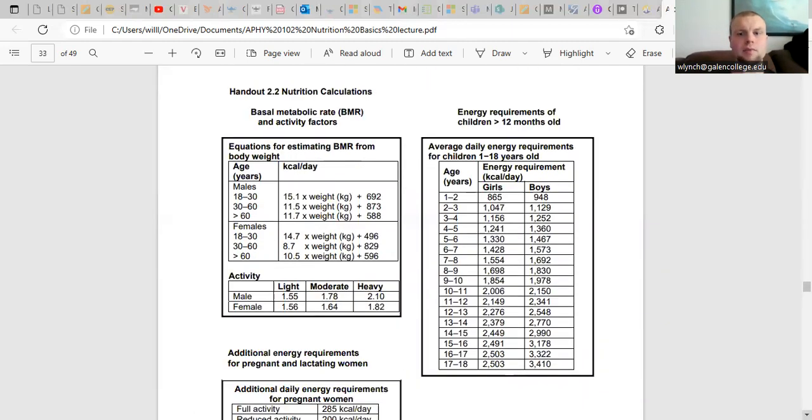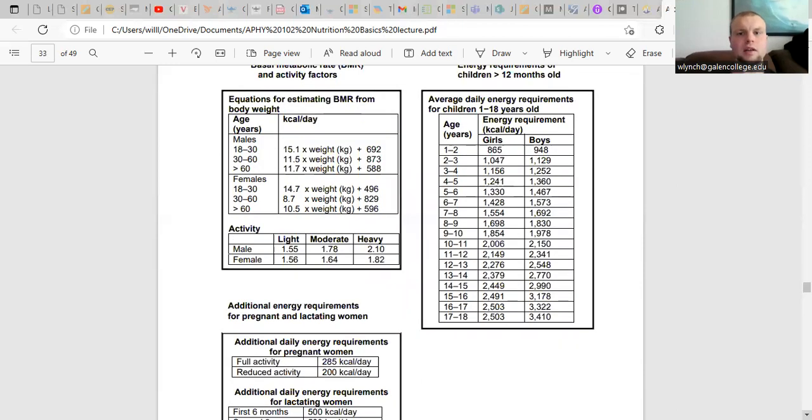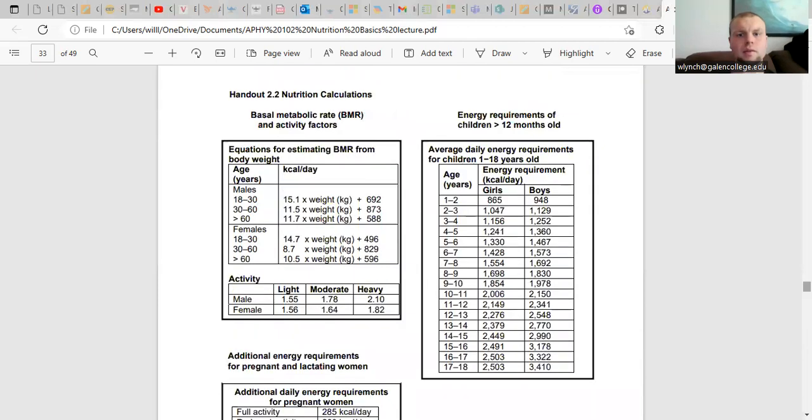All right, so lastly, a couple of conversions here. If we're looking at metabolic rate, especially things like basal metabolic rate in people, we have a set calculation that we do for this. So equations to estimate the basal metabolic rate for the body is going to be based on what the person's body weight is and their age.